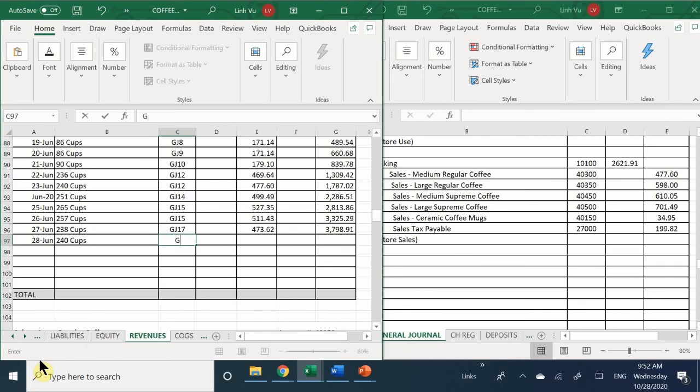General Journal 18. And the credit is 477.60. Sorry, 477.60.